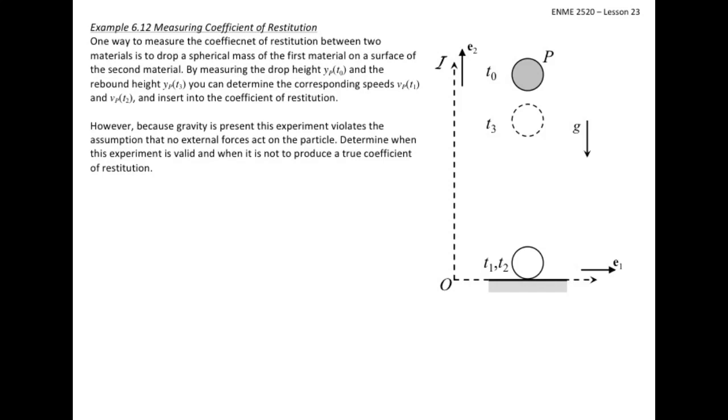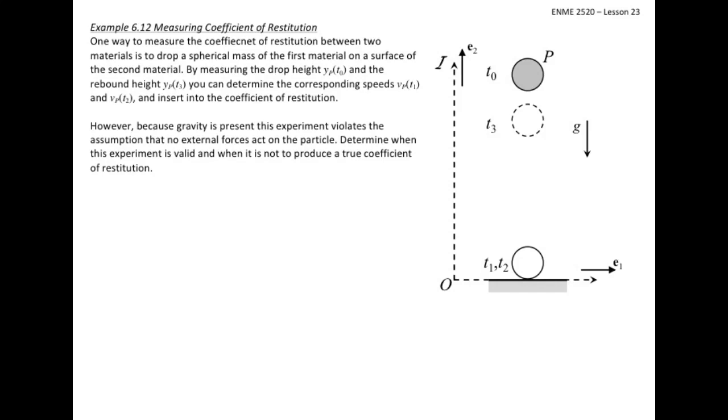By knowing the speed at time 1, just before it hits the surface, and the speed at time 2, right after it hits the surface, we can estimate the coefficient of restitution between the two material properties, and then use that in other experiments.